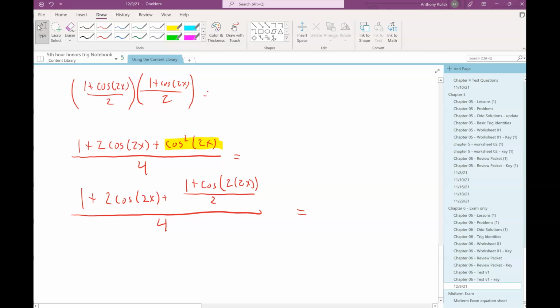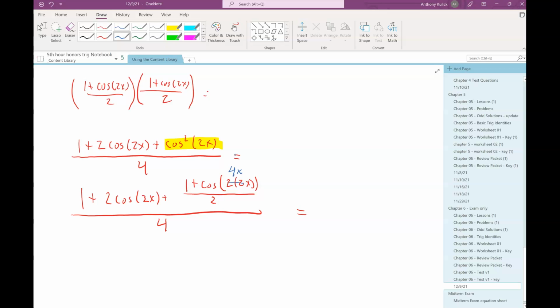Notice there that when I did the power reducing on cosine squared 2x, I get 1 plus cosine of 2 times 2x. Everybody's okay with that? And obviously 2 times 2x is 4x. There's the 4x that I was expecting to get at some point.